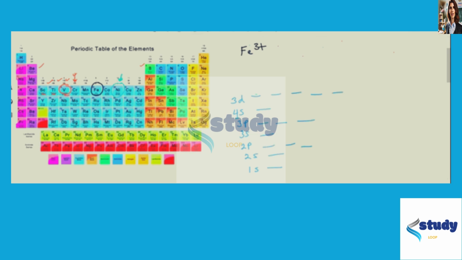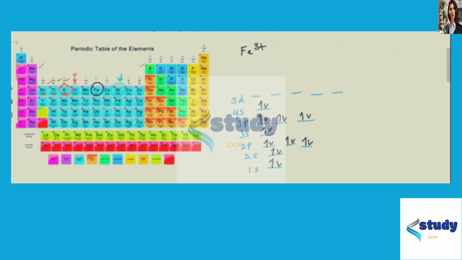So the final example we're going to take a look at is iron 3 plus. It too is located in the 4th row, utilizing that 3d subshell. So same pattern we've been following, where we completely fill all of the subshells through the 4s subshell. So far so good.